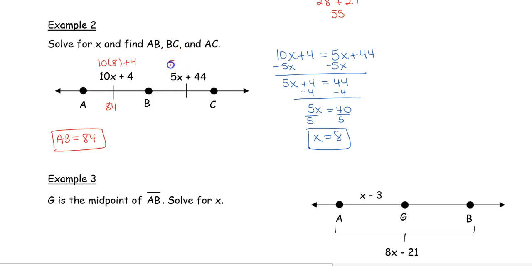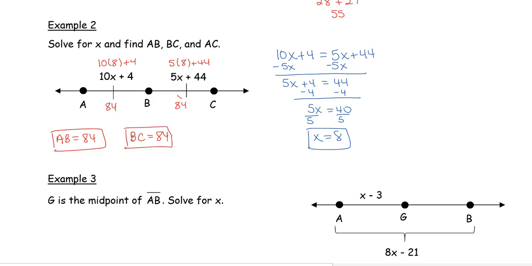We can. So we know that x is still going to be 8. So 5 times 8 is 40. 40 plus 44 is, again, 84. I knew this was going to be 84 because my diagram indicated that they were congruent. So step 2, BC is also 84.